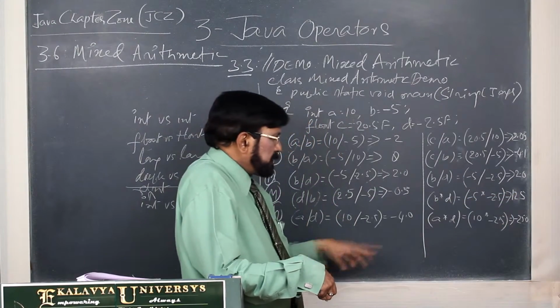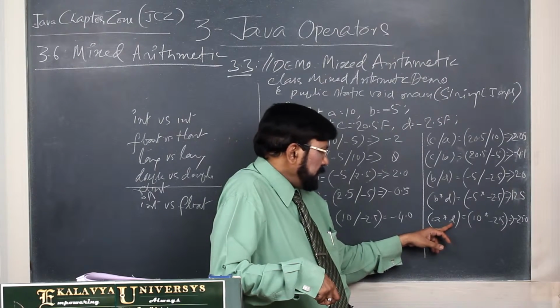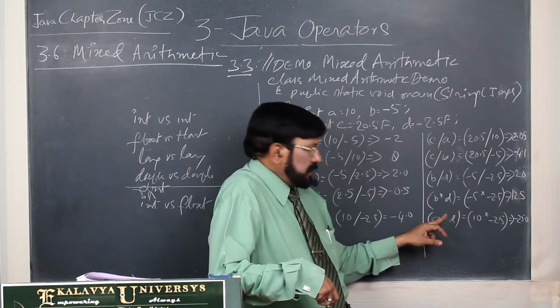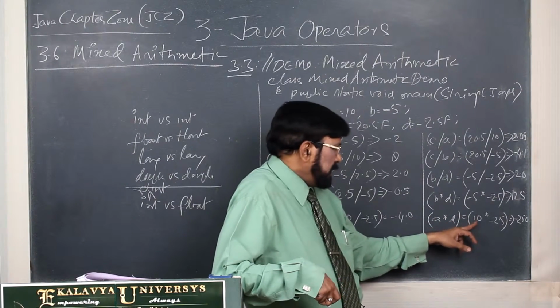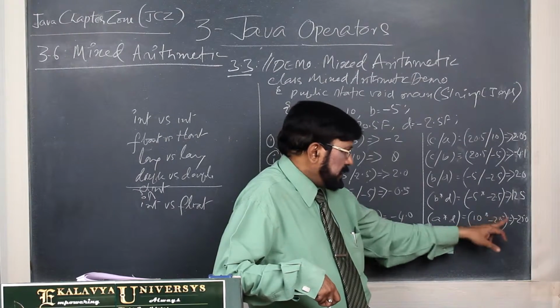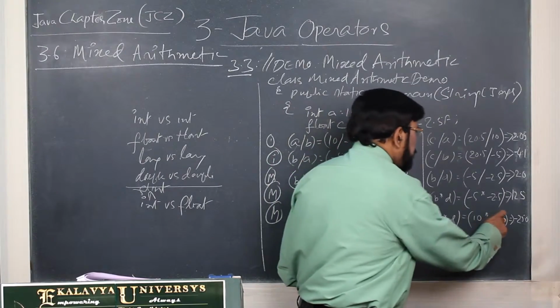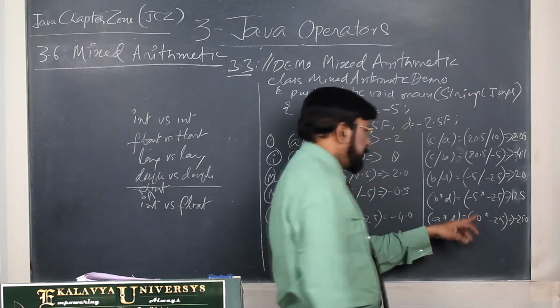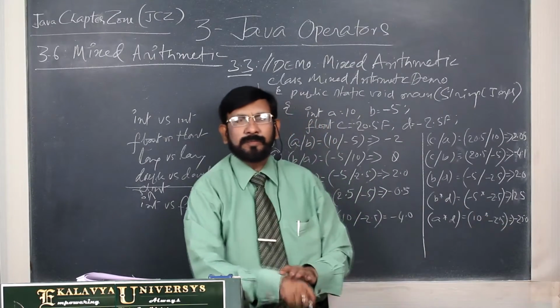And the last one, A into D, int versus float, the mixed arithmetic, and 10 into minus 2.5, then plus into minus, minus 2.5 into 10, 25, and as it is a mixed arithmetic, the result is float.